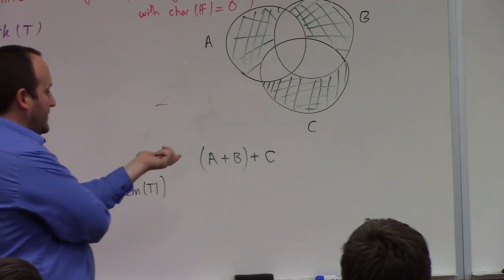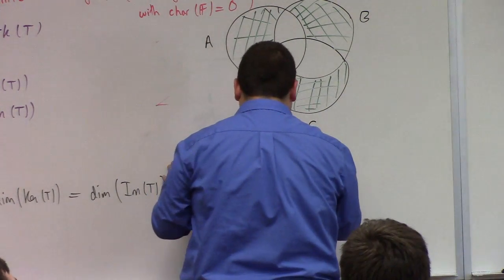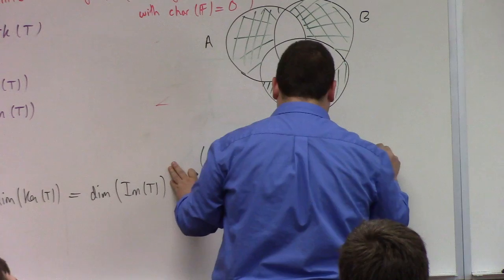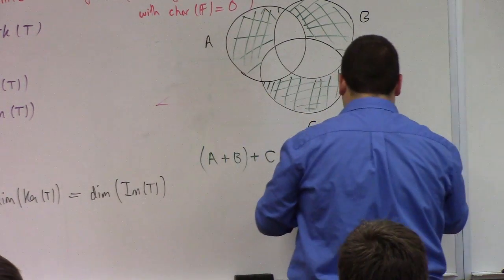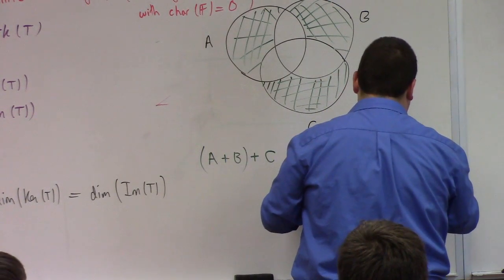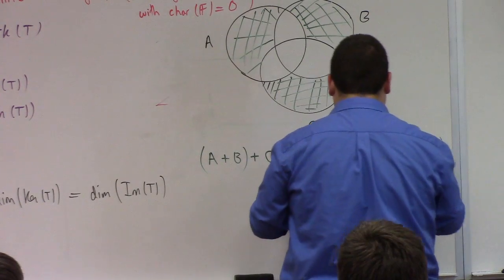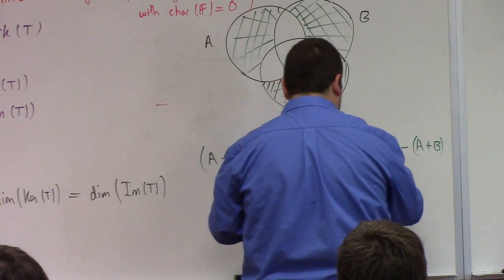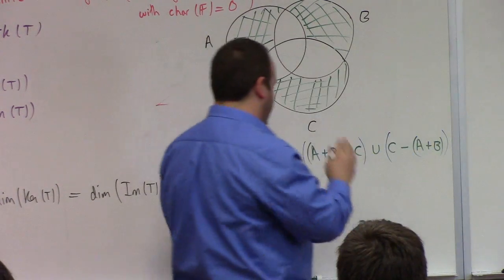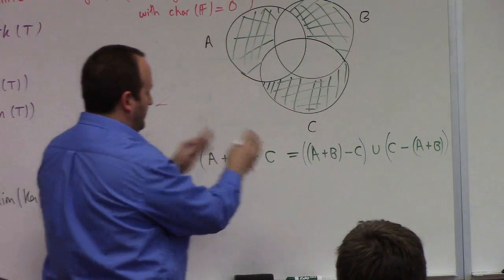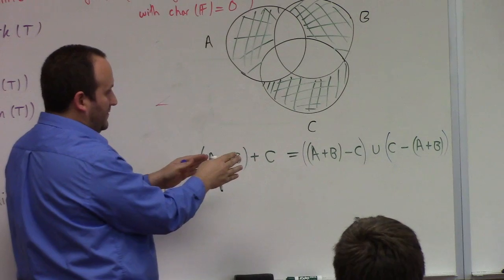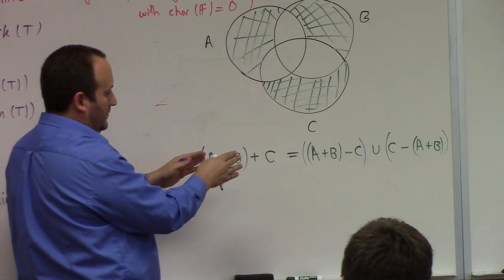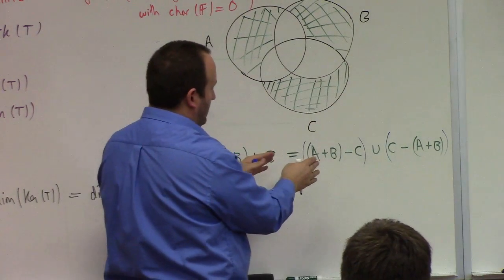A plus B plus C is going to be equal to what? This is equal to A plus B with C removed, unioned with C minus A plus B, right? By definition, that's what this is. So A plus B removing C, the second one will have the center.